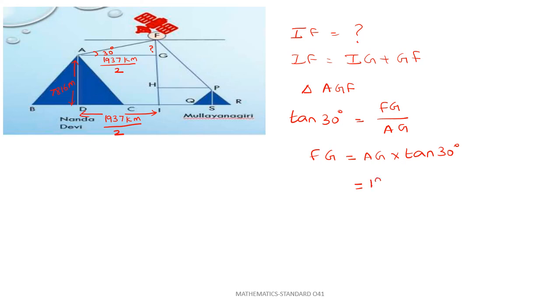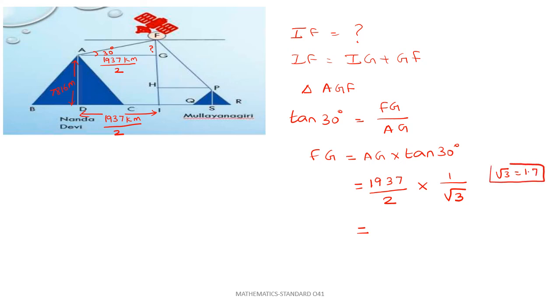AG is 1937 divided by 2. And tan 30 is 1 by root 3. So when you do the mathematical calculation for root 3, here I am keeping 1.7.